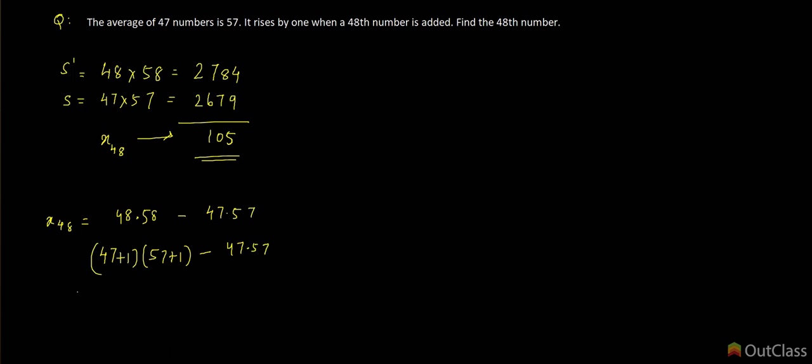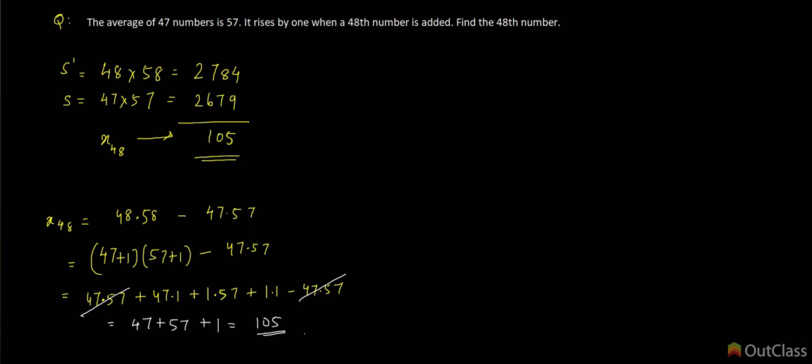When you open up this bracket, you will get 47 into 57 plus 47 into 1 plus 1 into 57 plus 1 into 1 minus 47 into 57. You'll notice that these two things will cancel. So that takes away the burden of calculation to a large extent. You are only left with 47 plus 57 plus 1, which is 105. So just a little bit of algebraic tweaking to reduce the burden of calculation.